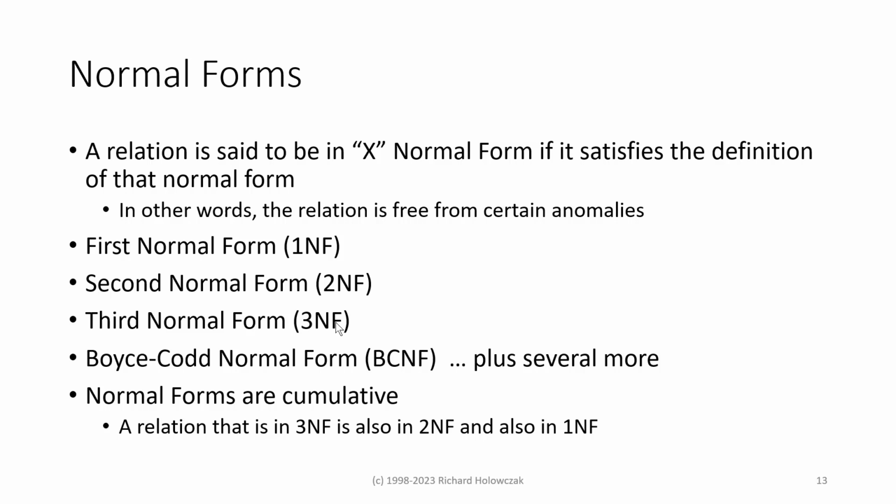Notice that the normal forms are cumulative. That means that a relation that is in third normal form is also in second normal form and also in first normal form. So you can think of the relation getting better and better as the normal form goes up. Relation in second normal form is better than a relation in first normal form. A relation in third normal form is better still.